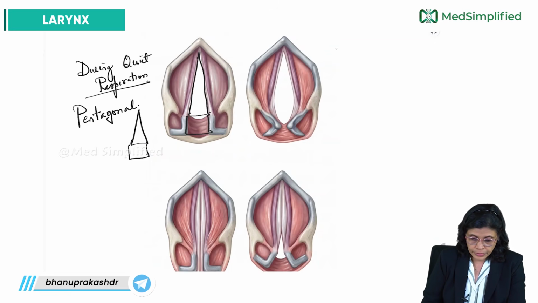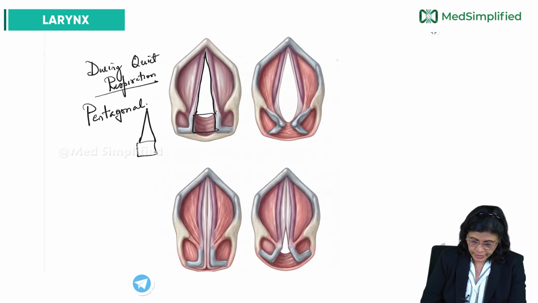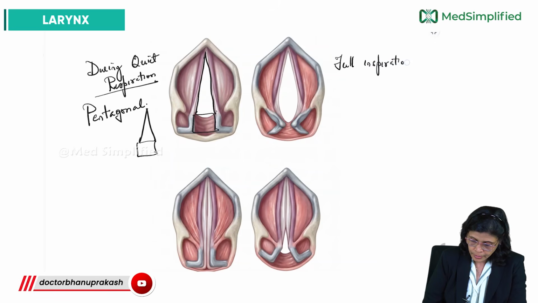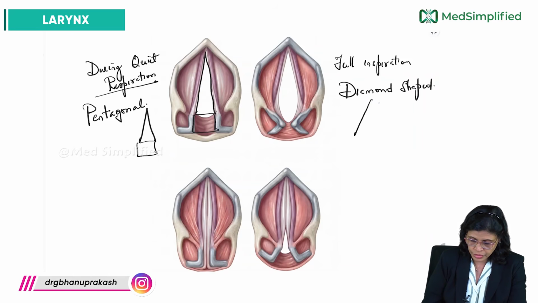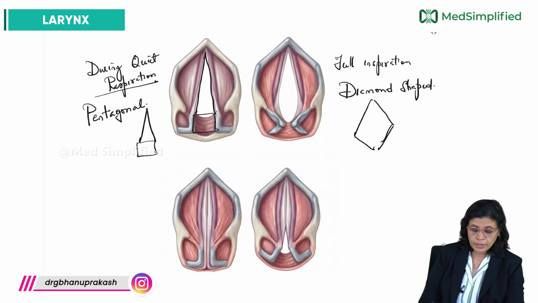Then during full inspiration, it is more of a diamond shape. The glottis widens and becomes diamond shaped because of the abduction of the vocal cords.